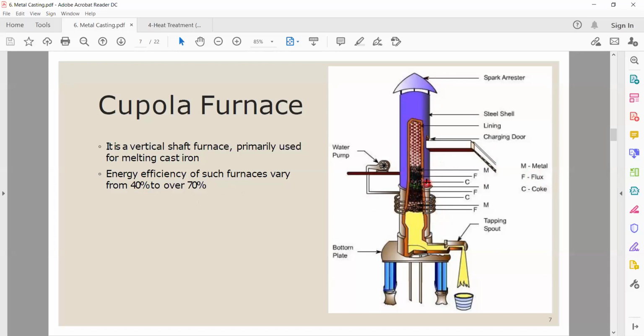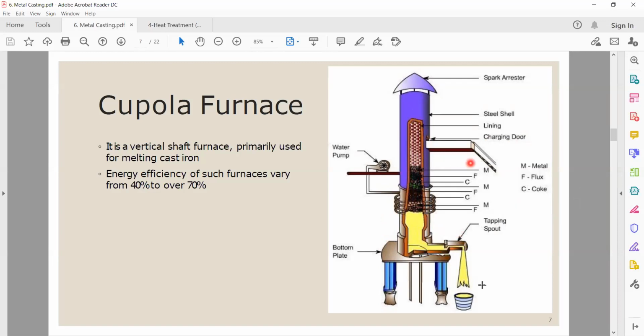Then you add them inside this drum, and then you ignite the coke, right? Then it will heat upward, up to this place, the charging door.